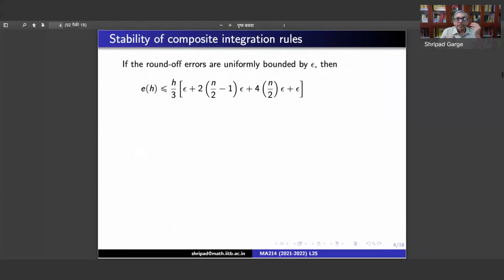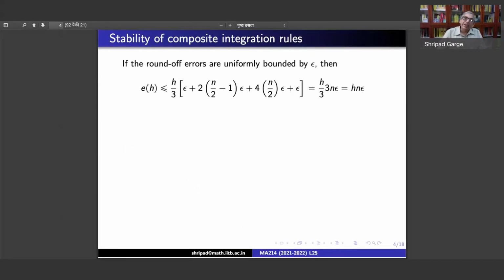So we have that e(h) is less than or equal to h by 3 times [epsilon, plus 2 times (n by 2 minus 1) epsilon, plus 4 times n by 2 epsilon, plus epsilon]. When you sum this up, you get h by 3, and inside the bracket you get 3n epsilon. Because the 3 gets cancelled, you just get h n epsilon.